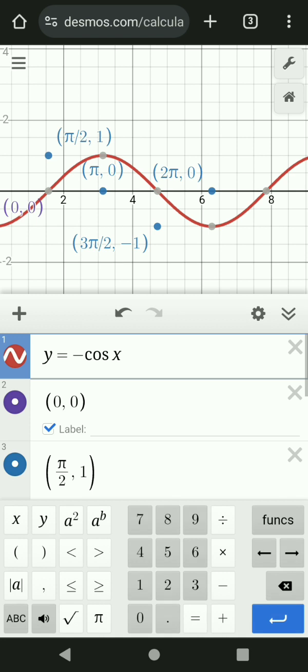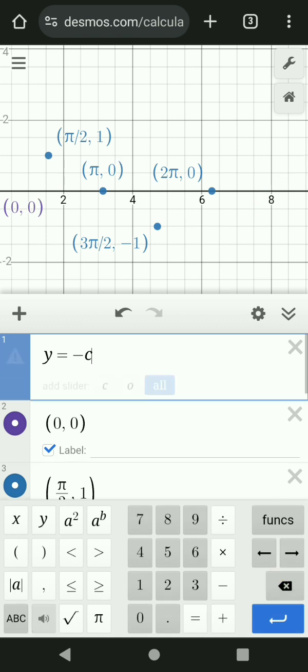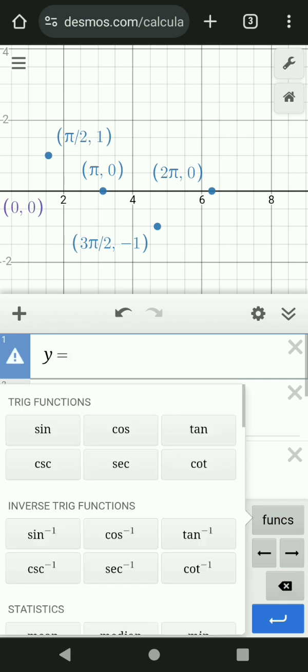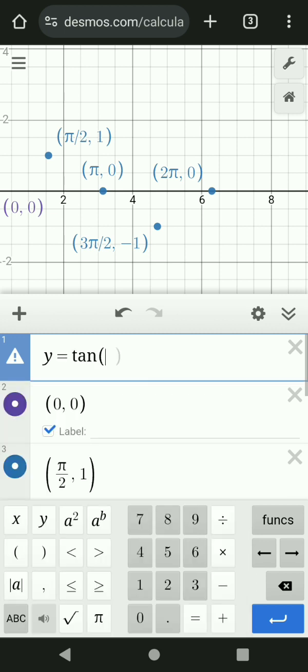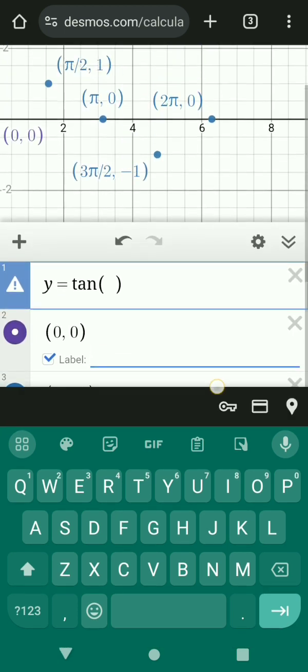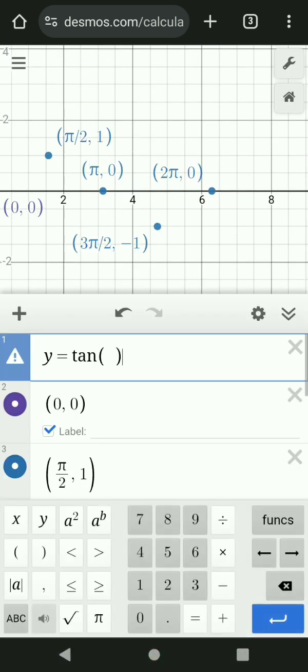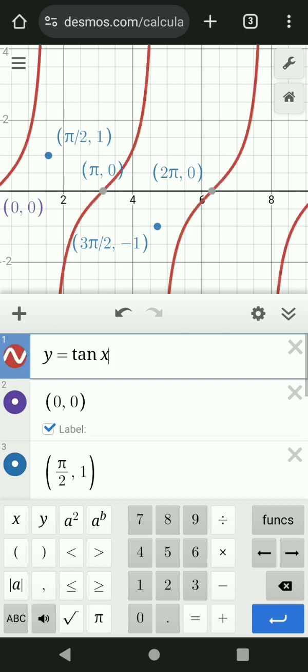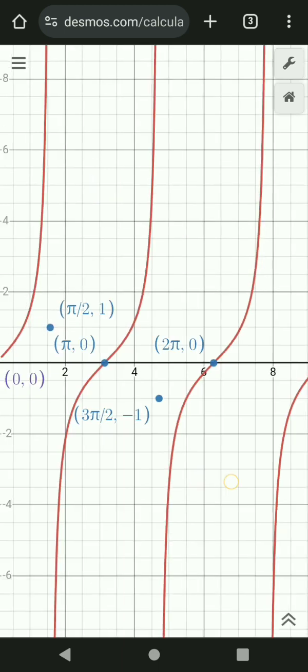Now let's proceed with the next trigonometric function, which is the tan. Tan x. So here it goes.